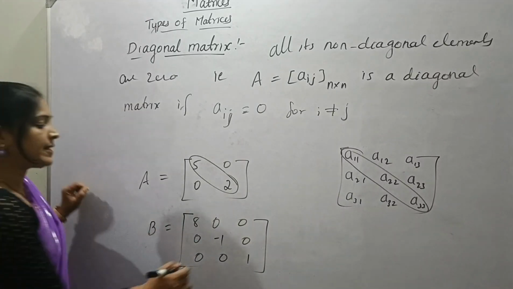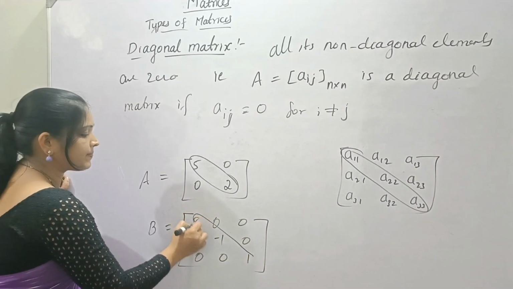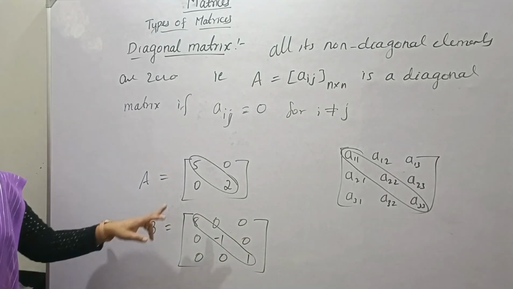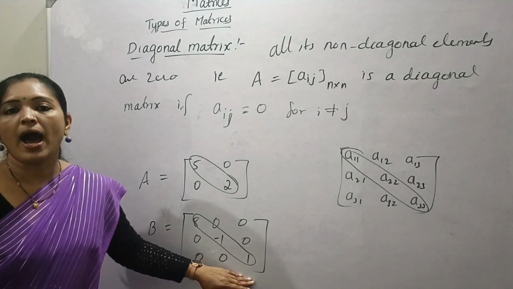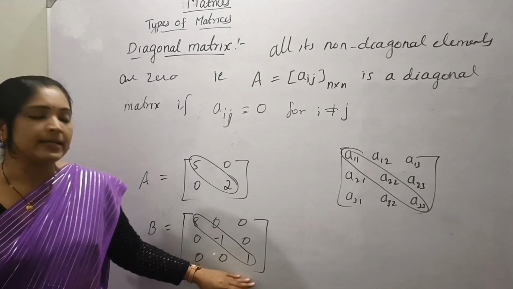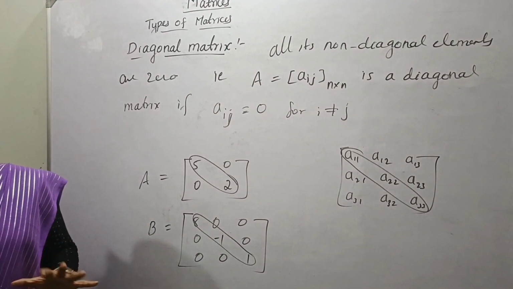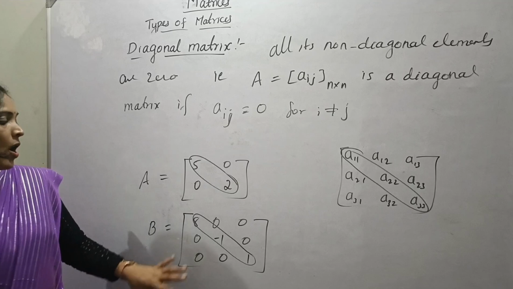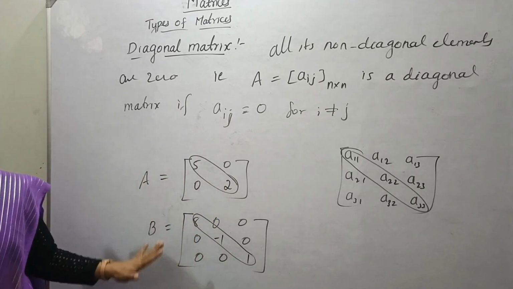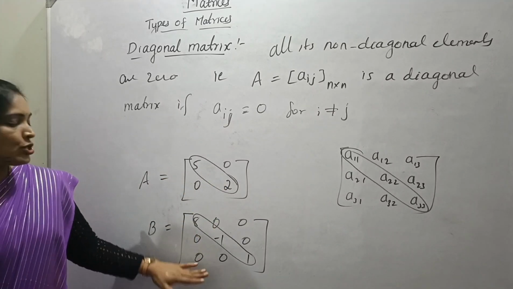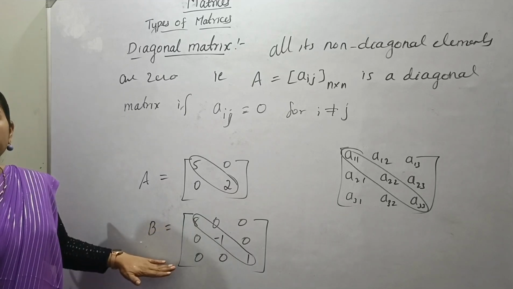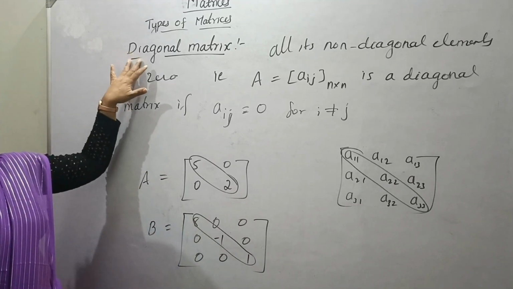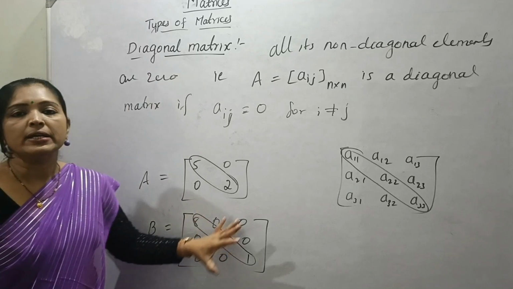These are the main diagonal elements: 8, minus 1, 1. Except diagonal elements, all non-diagonal elements are 0. So B is the diagonal matrix of order 3.